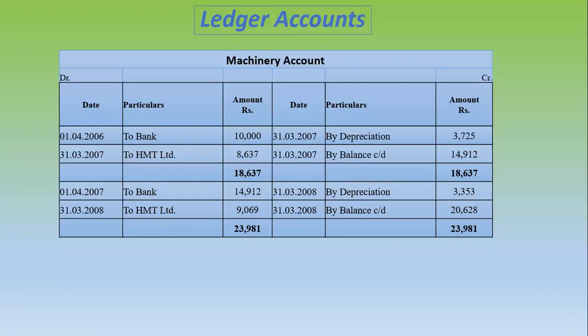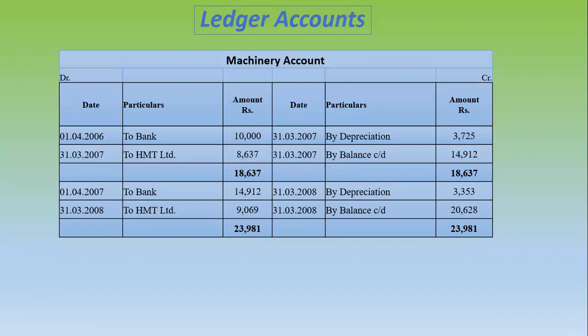So the total will be 23,981 on the debit side. On the credit side, we write the same total and find the difference, you will get 20,628 as a balancing figure. This will be the balance carried on for the second year.